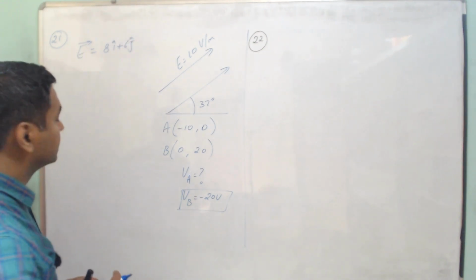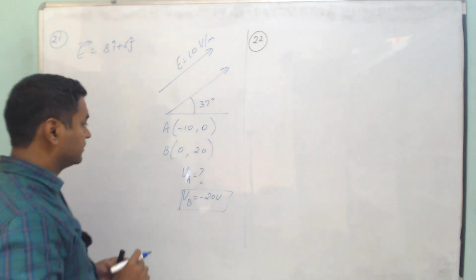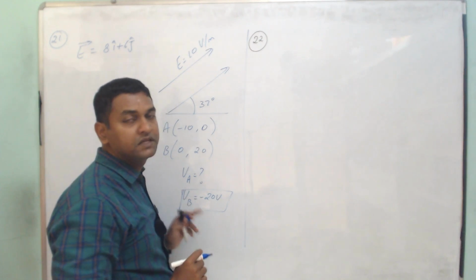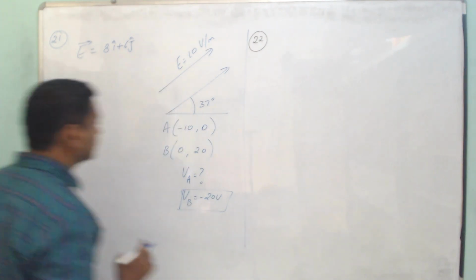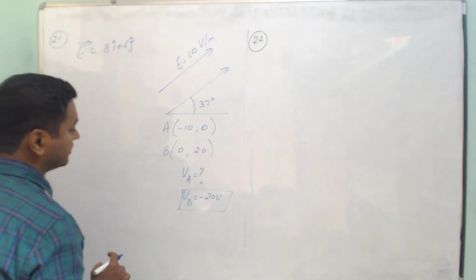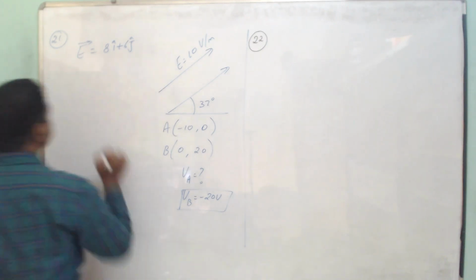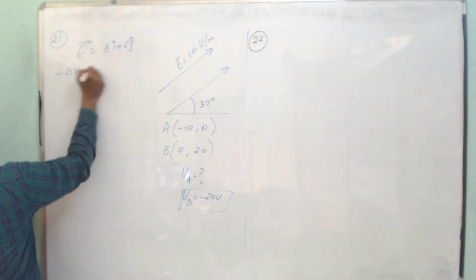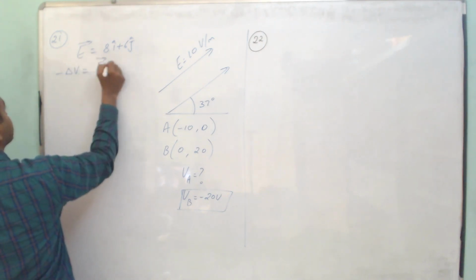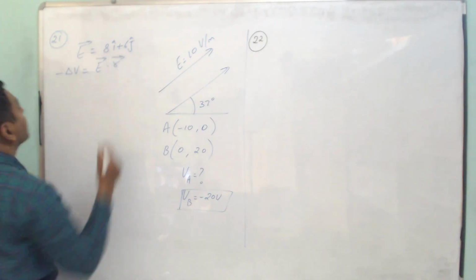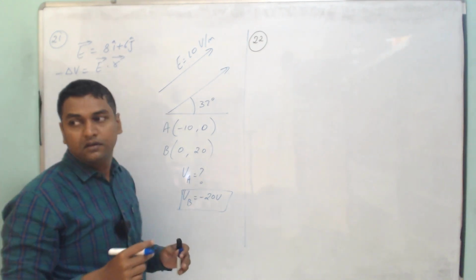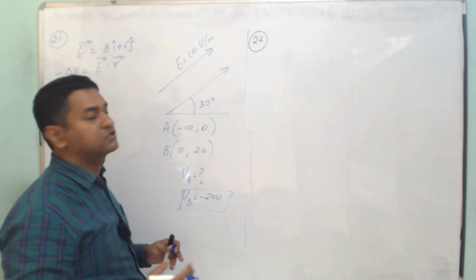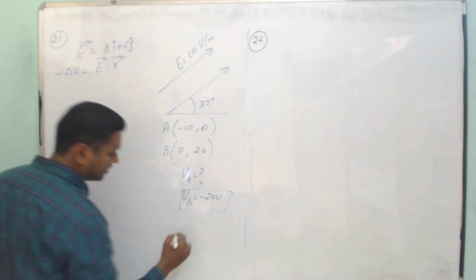Next, I want VA, VB is given, but to find delta V, I can use minus delta V is equal to E bar dot R bar, right? Where it's my wish to choose what R bar is.